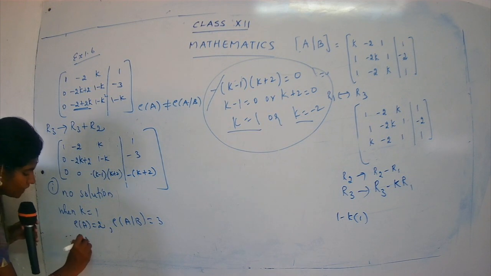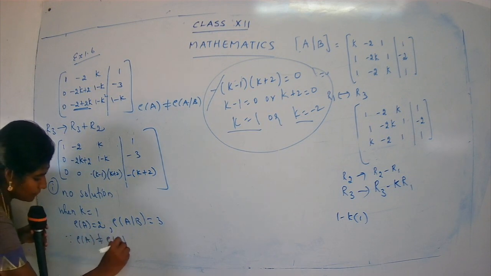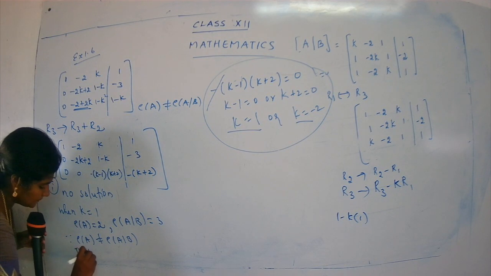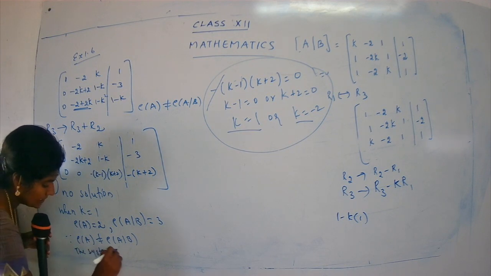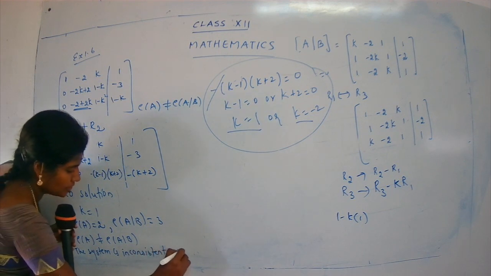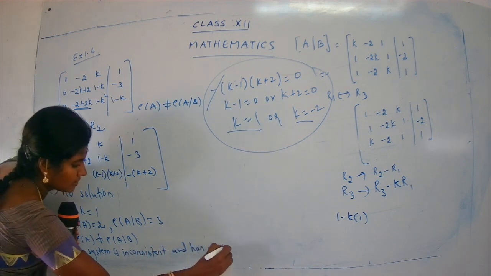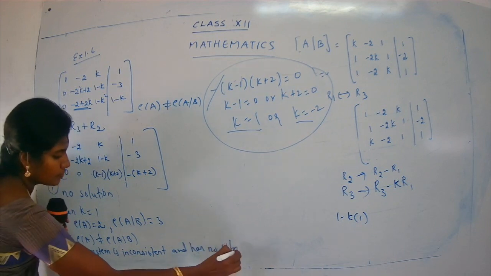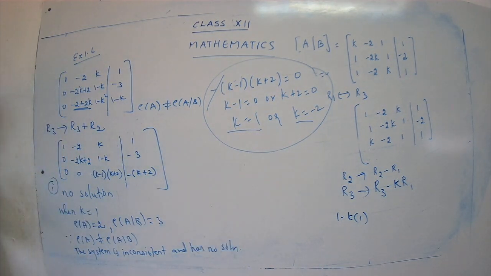Since rank of A is not equal to rank of AB, the system is inconsistent and has no solution. That's all. I hope the condition is clear to you. So when K is equal to 1, rank of A is equal to 2 and rank of AB is equal to 3. So you get an inconsistent system with no solution.